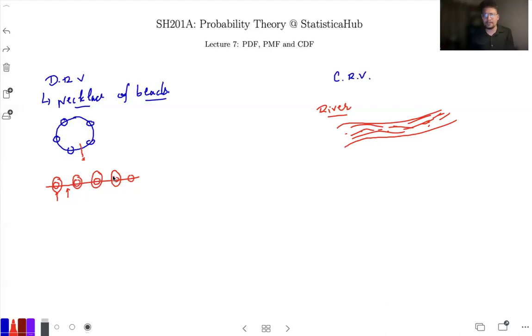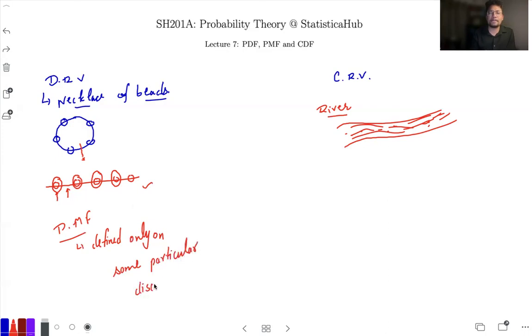Does that make sense? So this is how we can think about the probability mass function: it is defined only on some particular discrete points.